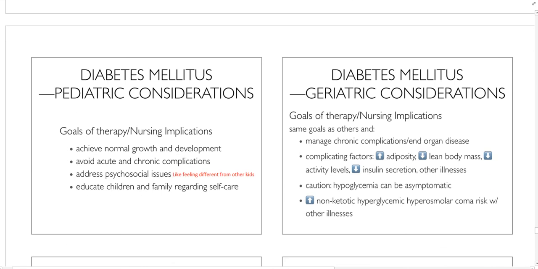For children, the goals are going to be that we allow them to have the nutrition they need to promote active growth and development, and we want to avoid any acute and chronic complications.